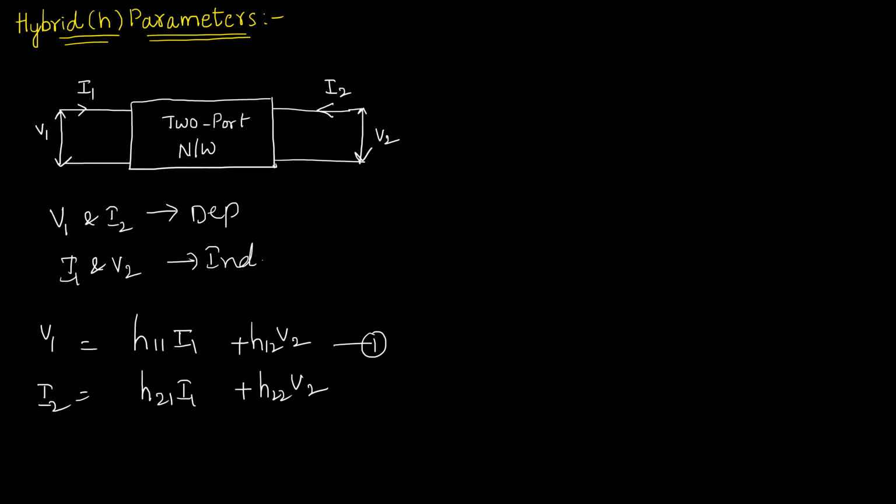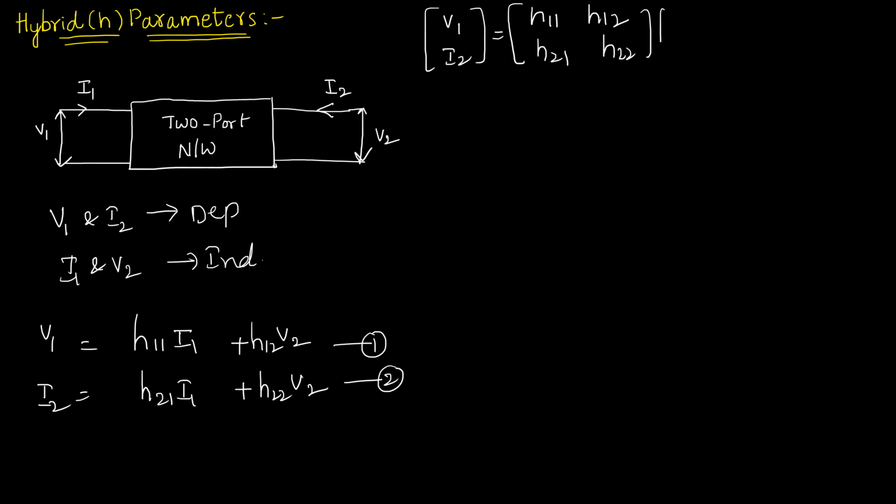These are the standard equations for H parameters. These parameters can also be expressed in matrix form, like V1, I2 equals H11, H12, H21, H22 times I1, V2. This is pretty easy if you follow the previous videos, that means previous concepts.